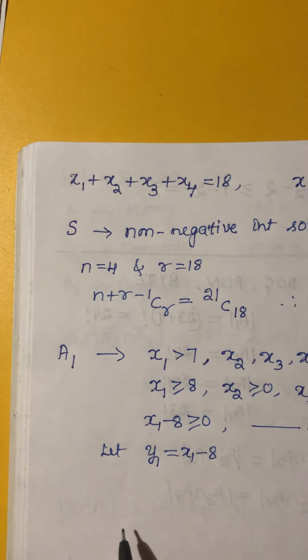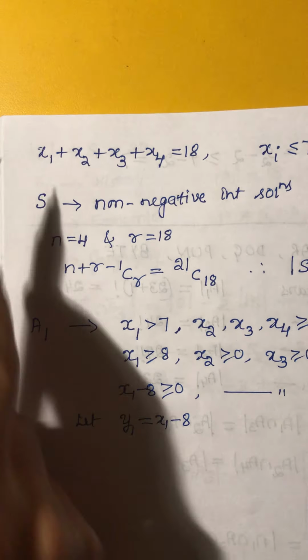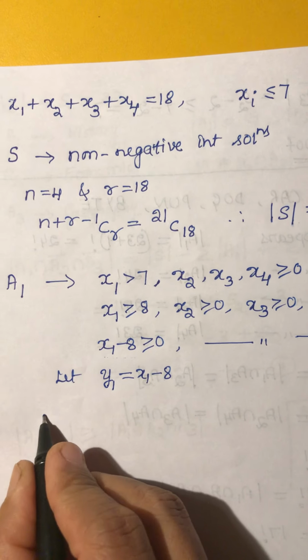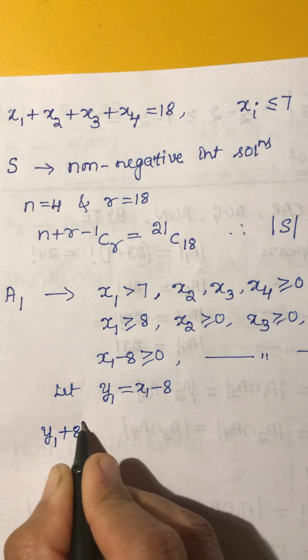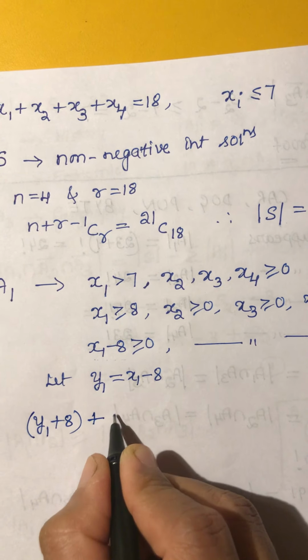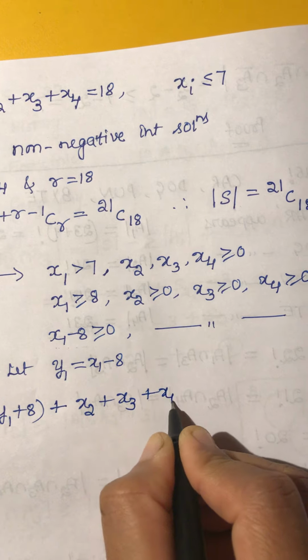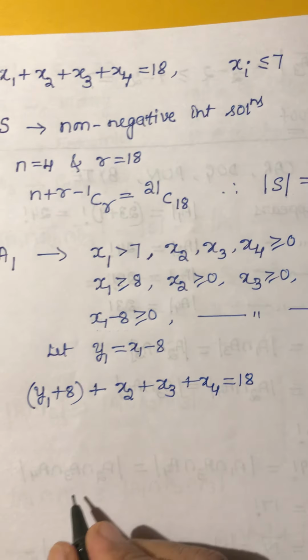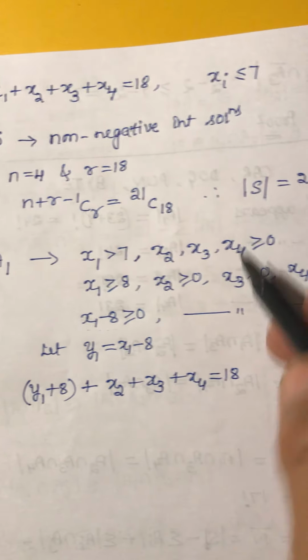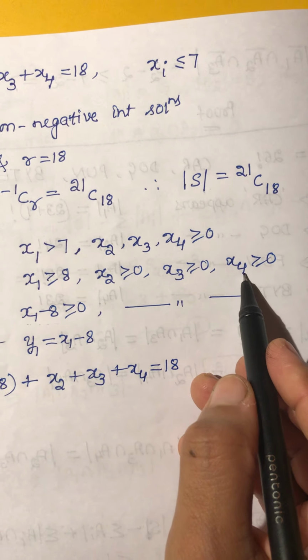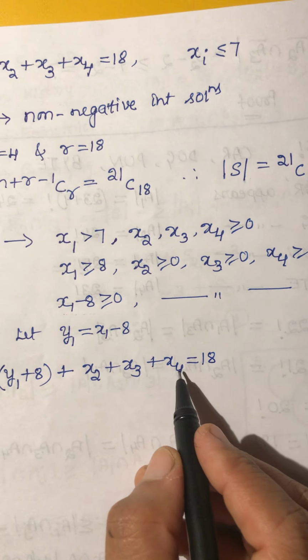What does the equation become? The equation has x1; what is x1? It is y1 plus 8. So y1 plus 8 plus x2 plus x3 plus x4 is equal to 18. Okay, x2, x3, x4 are already non-negative, so I am keeping them as they are.